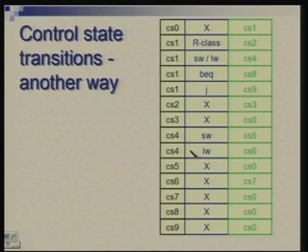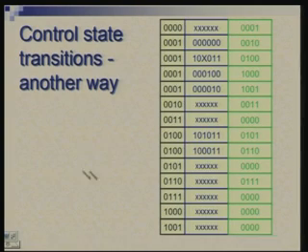So all the relevant combinations are captured. So for CS0, irrespective of what the other input is, the next state is CS1, and so on. For all these, the next is a fixed state. So the same table is rewritten in a different form, and once again you can replace the state labels by their codes to get this.